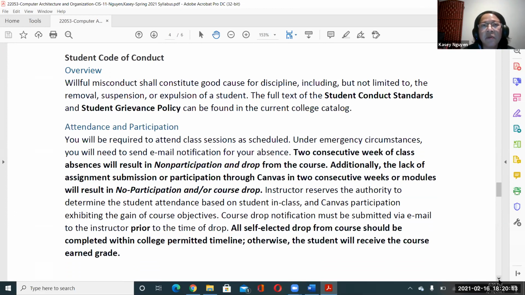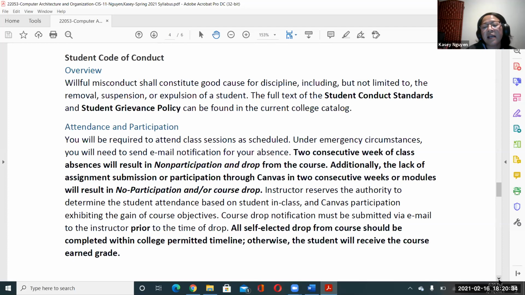It's going to help you prepare for the upper division class in the university level, because when you take algorithm, they're going to expect you to know all of these concepts already. So I reserve the right to drop a student if they don't attend or submit assignments in 2 consecutive weeks.